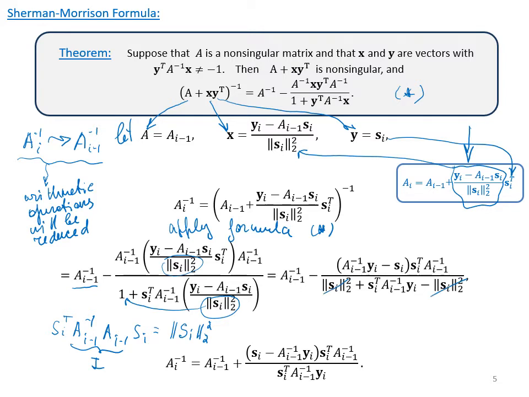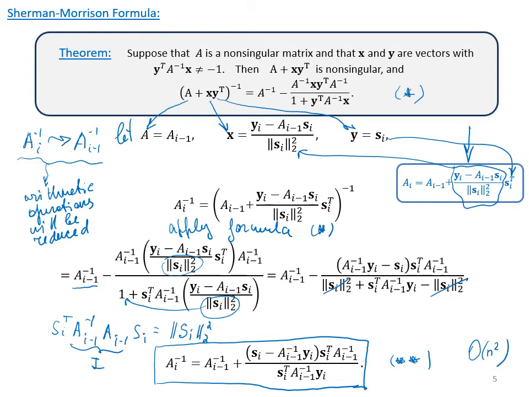So here we can get rid of this L2 norm as well, and our final expression, let's call it 2 stars, gives us an expression which shows that our matrix A at ith iteration can be computed from matrix A from I minus 1 iteration. And that's it. This improvement allows us to reduce the number of arithmetic operations up to n square.